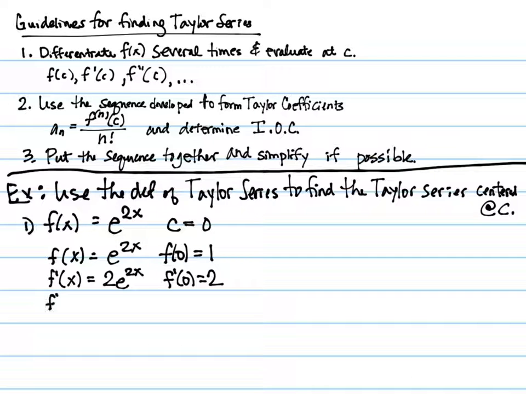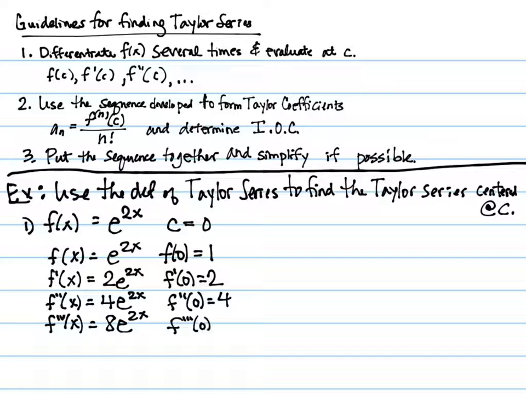How about a second derivative? 4 e to the 2x. And evaluated at 0, we get 4. We'll do a couple more. The third derivative is 8 e to the 2x, and evaluated at 0 gives me 8.